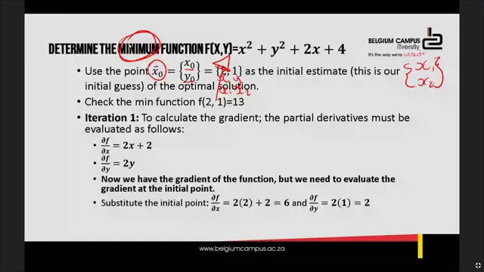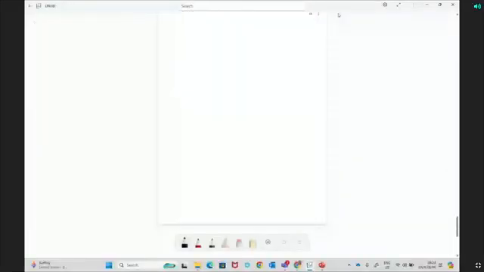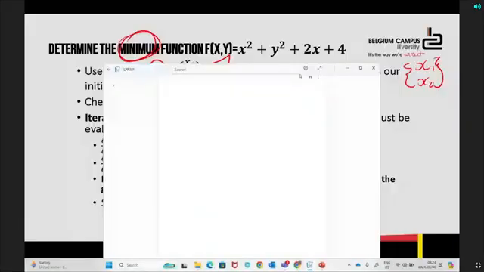Please be careful. Right, so we substitute. How do we substitute? Okay, so we have a function there. So you're literally going to substitute x into x and y into y, or x1 into x1 and x2 into x2. So there we have a function in terms of x and y. You literally take your coordinate of 2 and 1, and you're going to substitute that in.